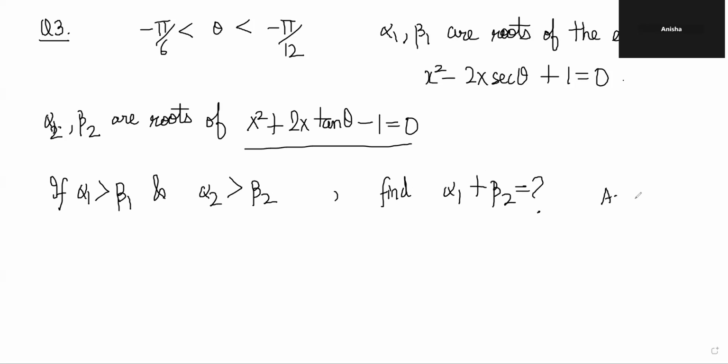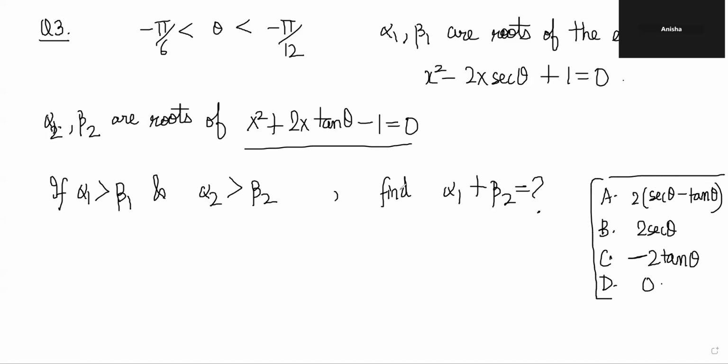And the options are like A, 2 times sec theta minus tan theta. B option is 2 sec theta. C option is minus 2 tan theta. And D option is 0. So basically, they have given you this information about theta and given you two equations with roots alpha 1, beta 1, and this inequality on the roots.